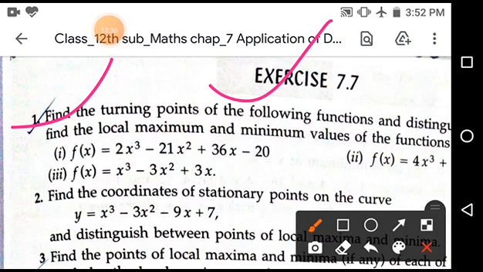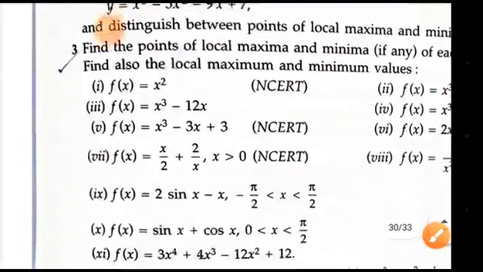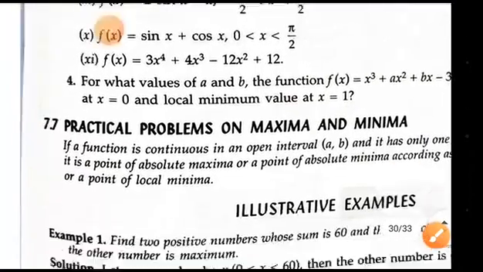After that, you equate it to 0, so you get the points, meaning turning points. Then you put the turning points one by one and examine whether f dash x is greater than 0 or less than 0. According to this you can distinguish whether the function is maximum or minimum. Clear? Okay, so this is your homework and you have to complete this exercise.